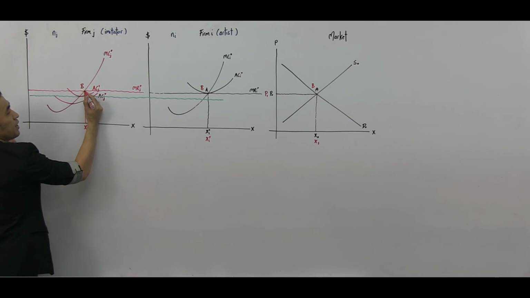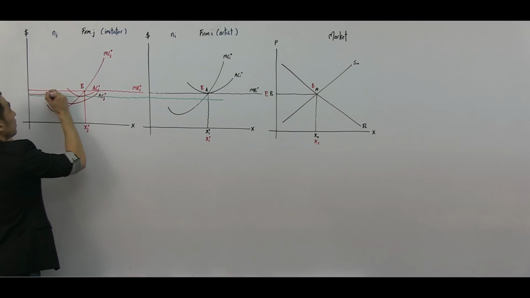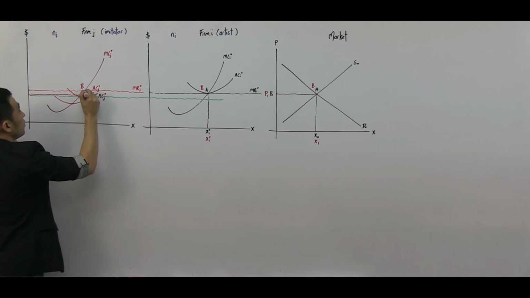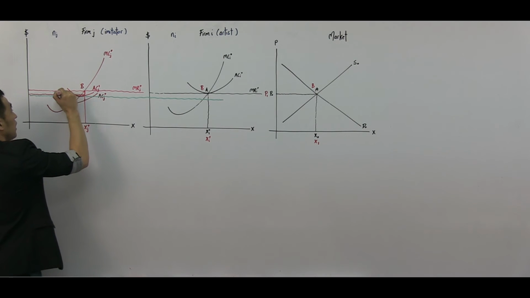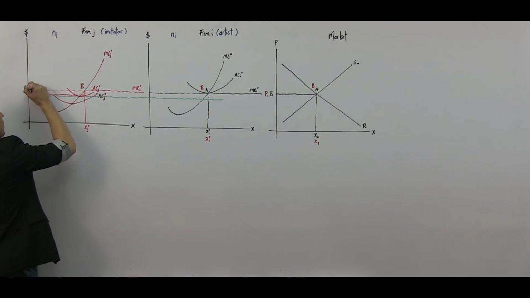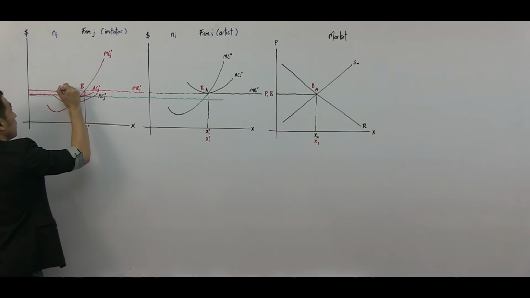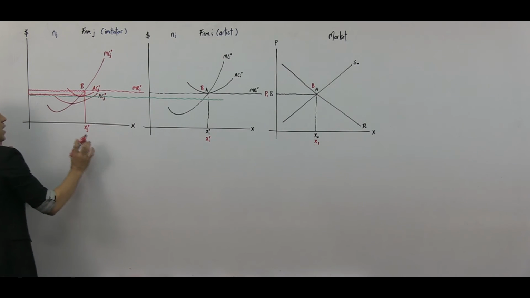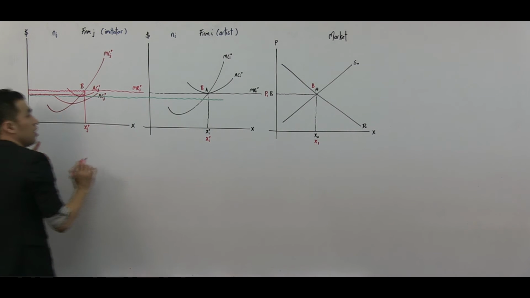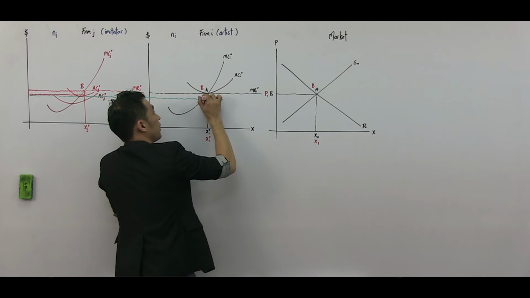That means at this point B, now because of a higher AC, I'm still making a profit, but my profit becomes smaller. My equilibrium doesn't change, but my profit becomes smaller. Over here, there's this shock here.